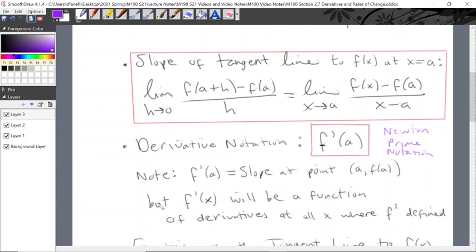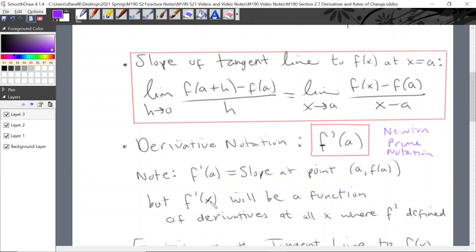Okay. By contrast, you will see in the future, in a later section, and certainly on a lot of resources, f prime of x, or f prime of t, or f prime of theta. That notation also refers to a derivative, but I'm making a note right now that this represents a function of derivatives.